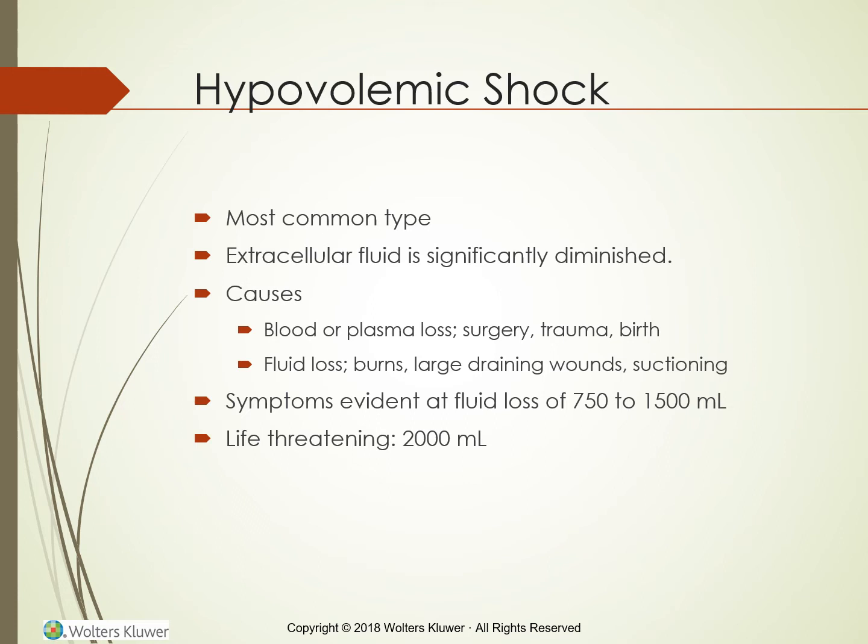Hypovolemic shock can develop when overall fluid volume is depleted from significant bleeding, such as during surgery, after trauma, or after delivery of an infant. It may also result from significant fluid loss, as with burns and large draining wounds. Also from reduced fluid intake, prolonged GI suctioning, or disorders in which fluid losses exceed fluid intake, such as diabetes insipidus.